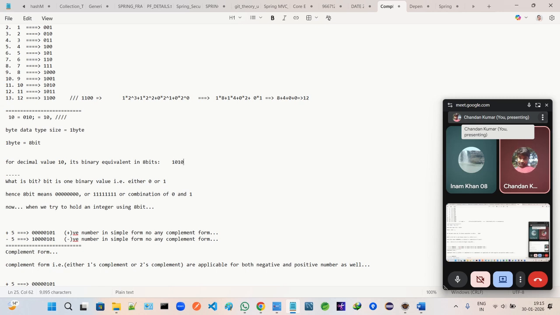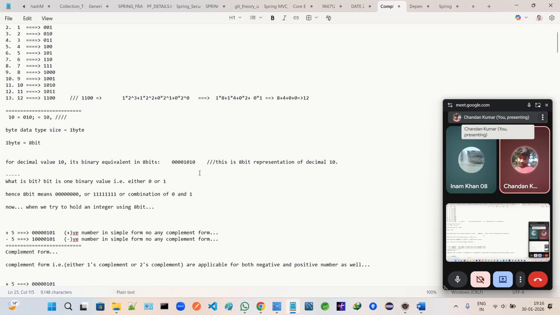This is the binary representation of decimal 10. At least 4 bits are required. We have 4 bits, then we add 4 more, 1 2 3 4, making a total of 8 bits. So this is the 8 bit representation of decimal 10. Clear?